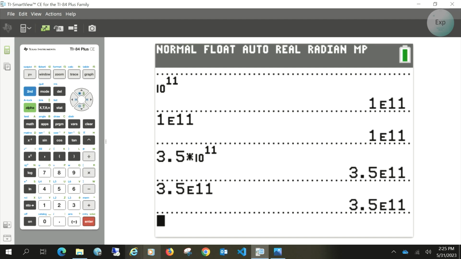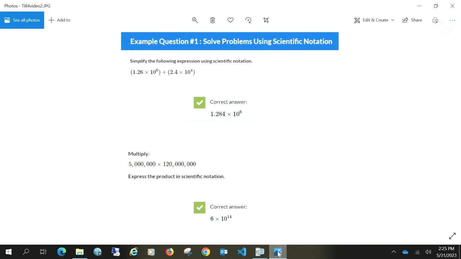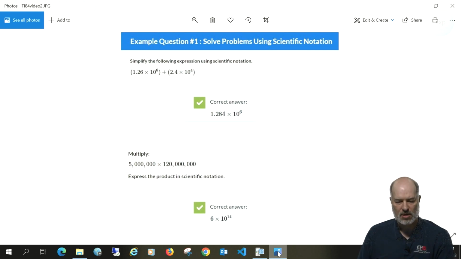Let's do an example. Here I want to do a couple of mathematical arithmetic calculations using scientific notation. The first problem is an addition problem. I have 1.26 times 10 to the 6th power plus 2.4 times 10 to the 4th power. And I want to express my answer, as it is given here, in scientific notation.